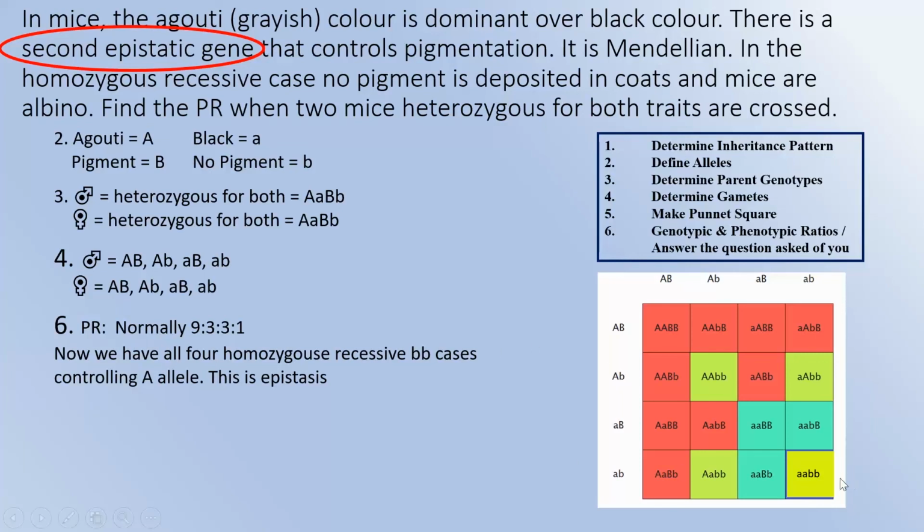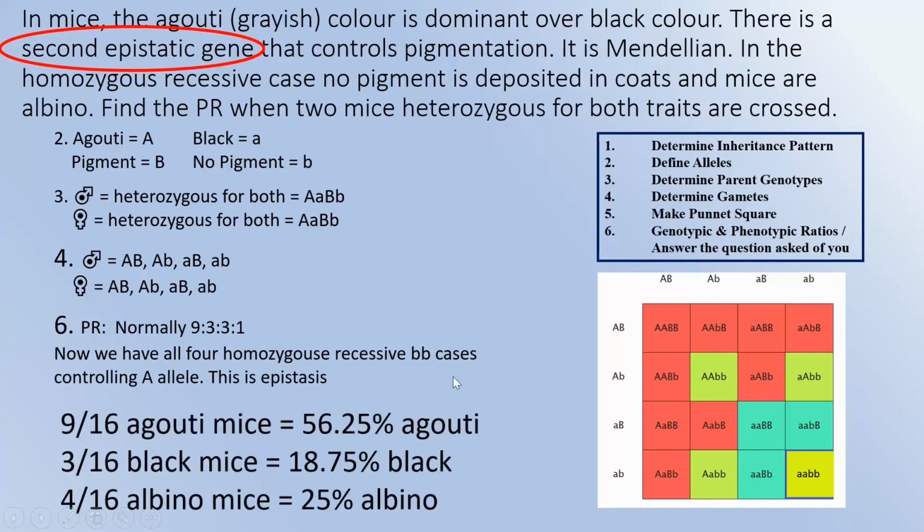So basically this recessive gene is controlling the expression of this A gene. When these are recessive, it does not matter that A is dominant because it won't be expressed. So we end up with 9 out of 16 agouti mice, 56.25%, 3 out of 16 black mice, and 4 out of 16 albino. So this is the difference here. These 3 and this 1 end up being the same in an epistatic example.